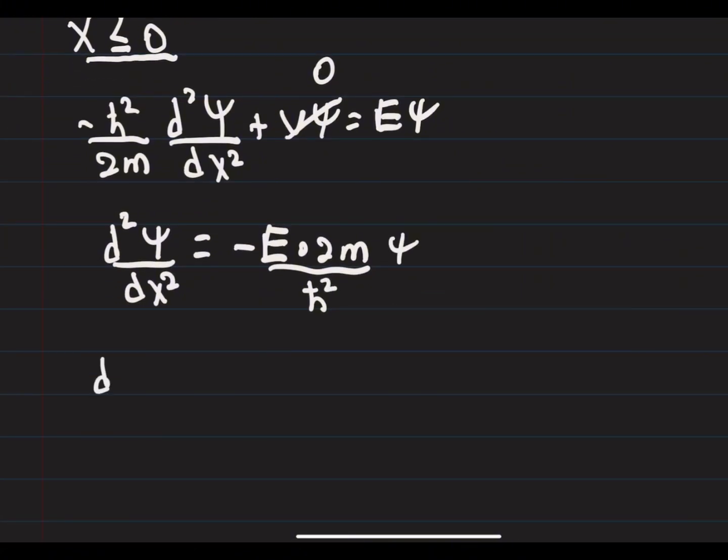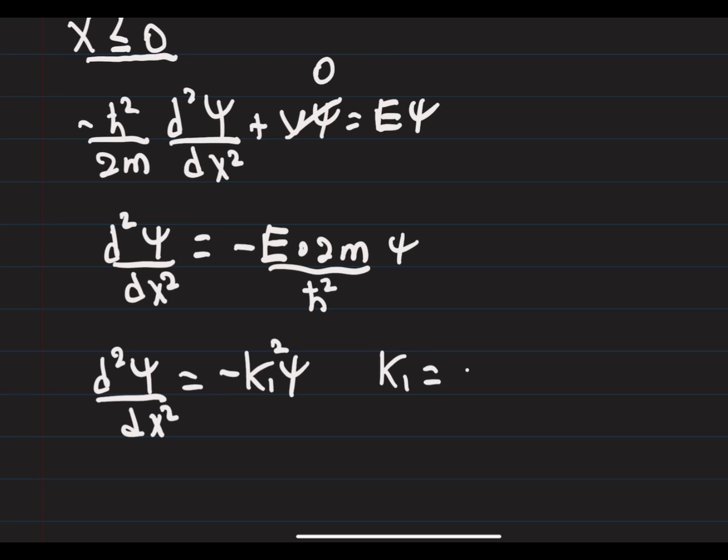Or we could write this as the second derivative of psi with respect to x is equal to minus k1 squared psi, where k1 is the square root of 2m times E, divided by h bar squared.